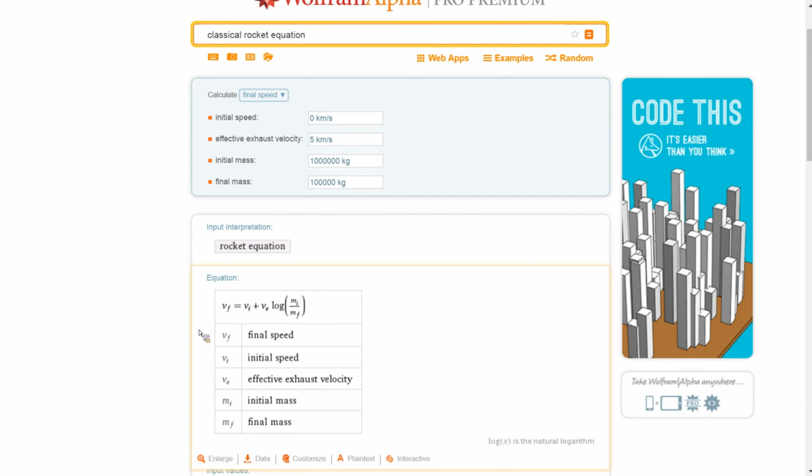why would you expect this log to be here? Why is this the ratio of M initial over M final? This is where you start challenging your students to think about the physical scenario and make an argument about why the equation makes sense.